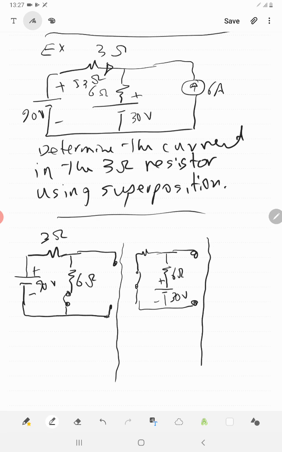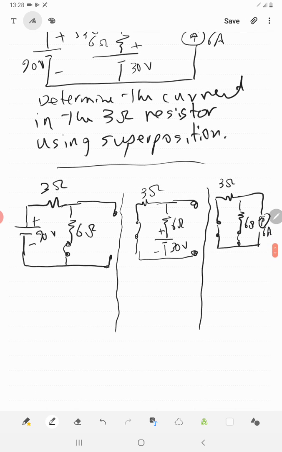And the final circuit, we have both resistors, 3 ohms, 6 ohms, and we make both voltage sources short circuit, and we keep the current source, which is 6 amps. Okay, here 3 ohms and here 6 ohms. Now we solve each circuit individually.